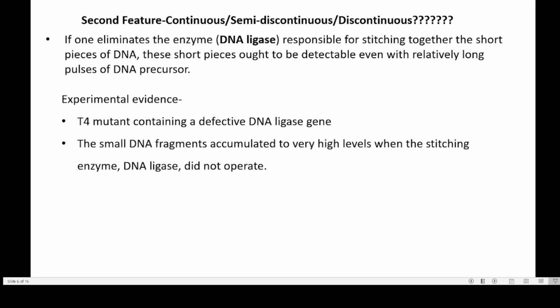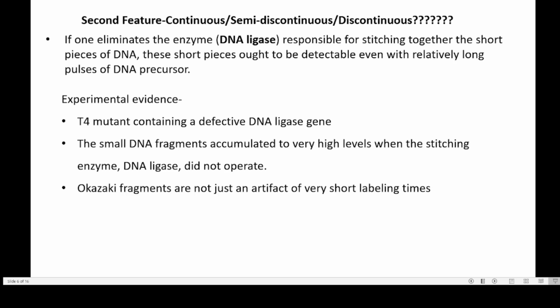The small DNA fragments accumulated to very high levels when the stitching enzyme DNA ligase did not operate. This proved that the Okazaki fragments are not just an artifact of very short labeling times. 50% of the newly replicated DNA is indeed in the form of fragments.